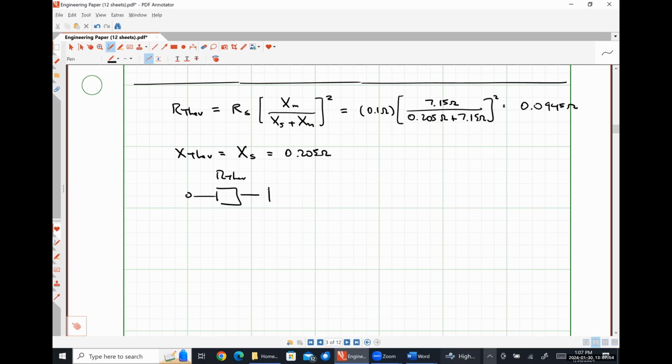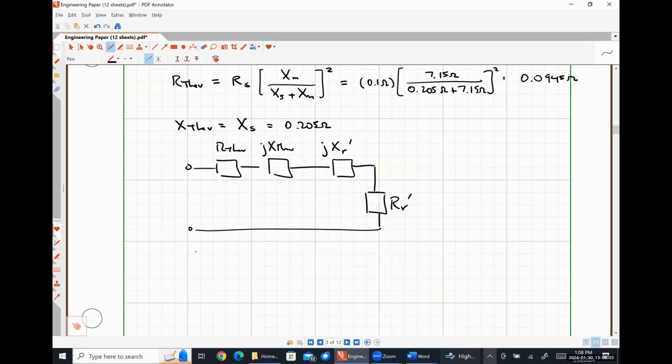So in our equivalent circuit model, we now have RThev, jXThev, and then jXR prime, and then RR prime, like so, using our equivalent circuit where we found the Thevenin resistance and the Thevenin reactance so that we don't have that weird middle path anymore.